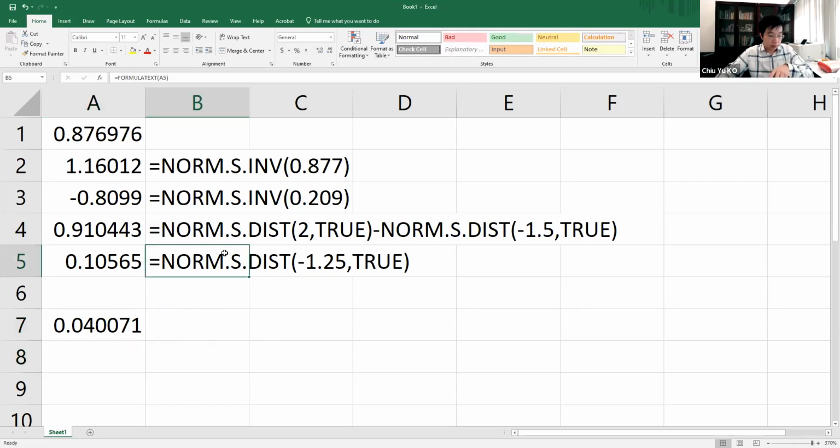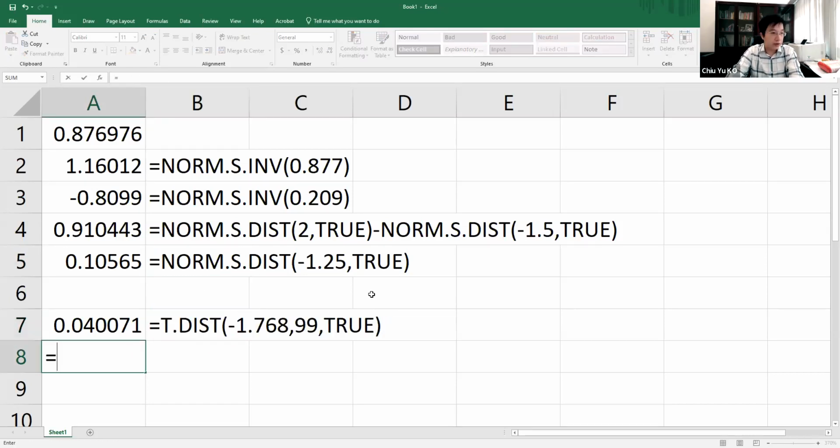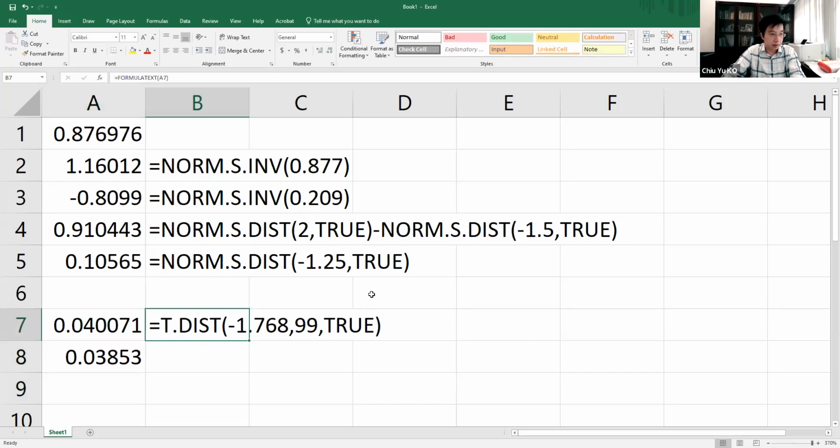Let's copy here. And then you can see the norm dist gives negative 1.7968 and true, which also gives a very similar answer.